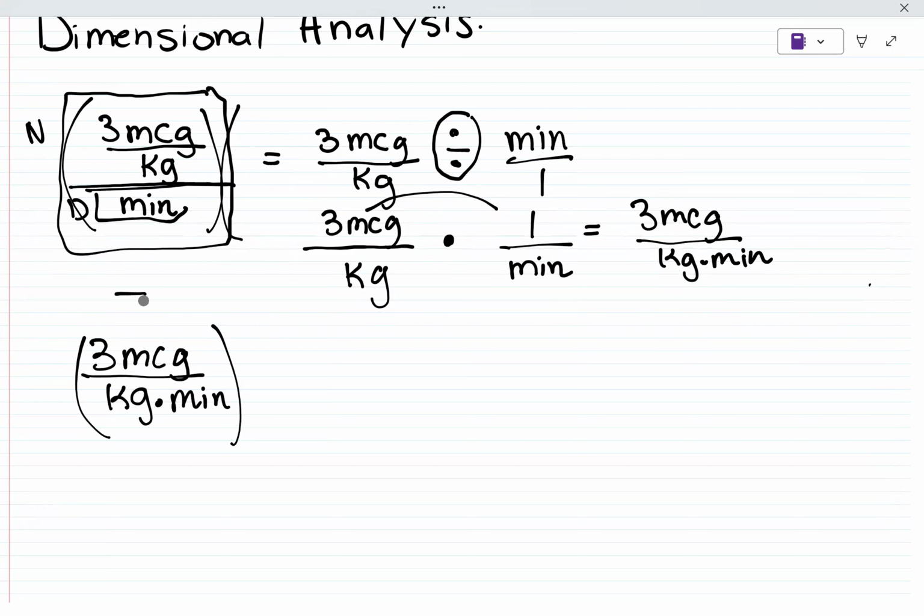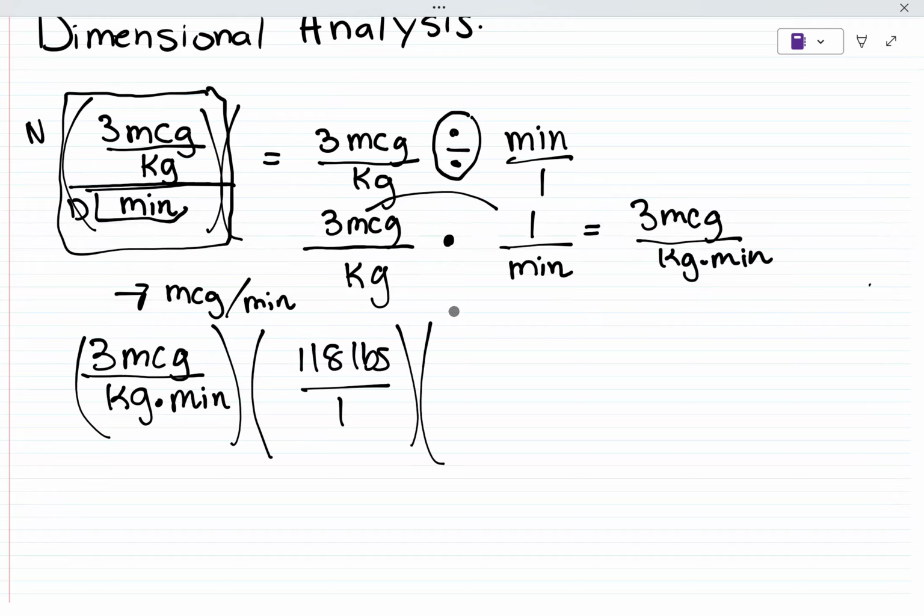Our final goal has to be in mcg per minute. If it's not like that, then it's wrong. So I have to get rid of the kilograms, and I also have to multiply by the patient's weight. The patient weight was 118, so you multiply by 118 lbs over 1.